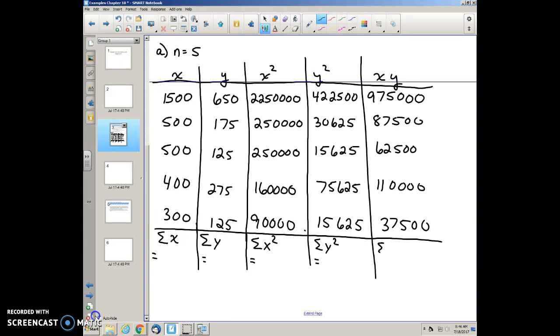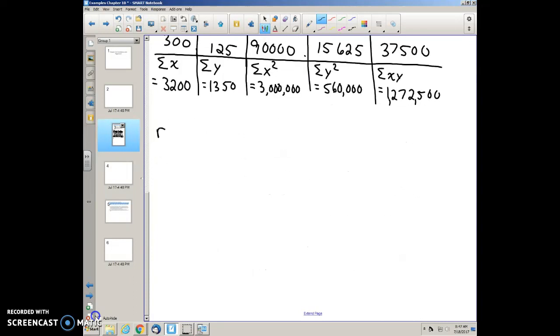And this column is the sum of x times y. So we just add each column straight down. Okay, so we have some fairly large numbers here. These are the values we are going to be putting into our formula.